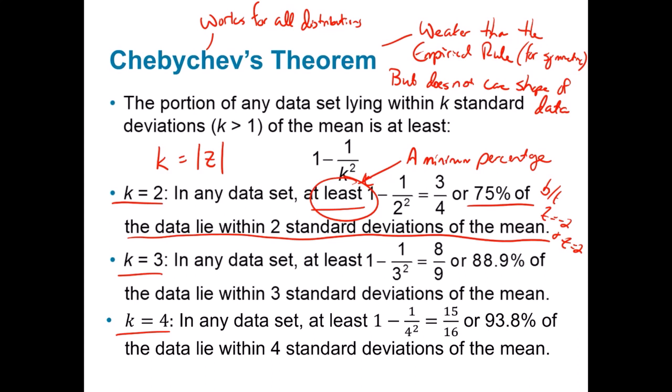Same idea, so k equaling 3, you would use the same formula, 1 minus 1 over 3 squared, to get 88.9%. But again, you get a minimum percentage. So at least 88.9% of the data is between negative 3 and 3 standard deviations away from the mean. So here, z-scores negative 3 and 3.